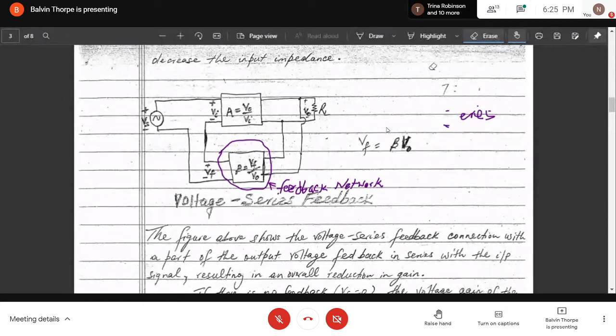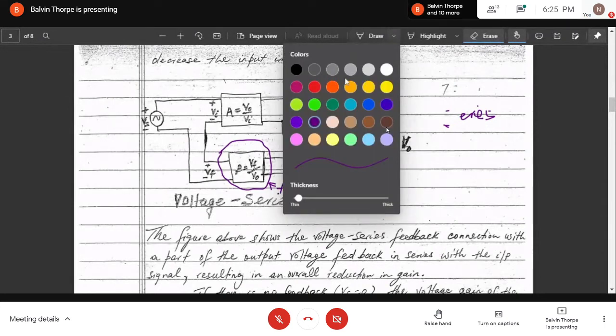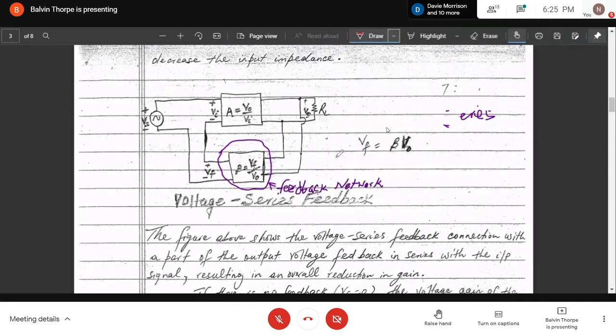Now, one thing that we have alluded to is that if it's a negative feedback network, which you know these are, because remember I said positive feedback we're not looking at until we get to oscillators.